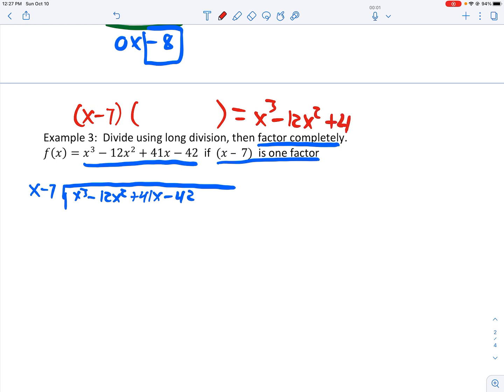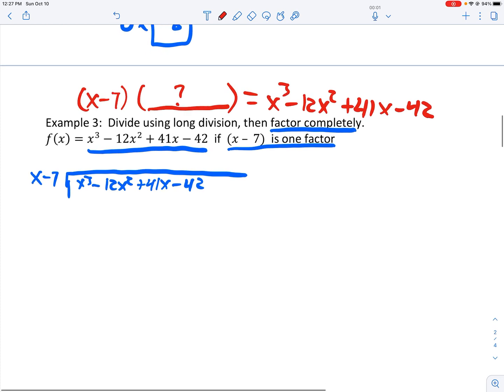That something is what I'm trying to figure out. And by dividing by a factor, I'm going to end up getting something that I can factor. So in this case, it's going to technically end up being a trinomial, but I'm going to get a trinomial that I can factor. So I'm using division to find a trinomial that I can actually factor.